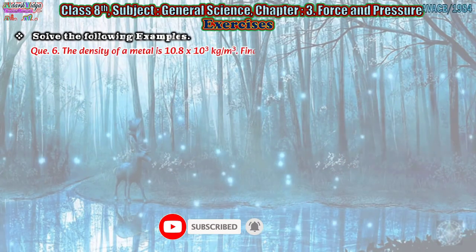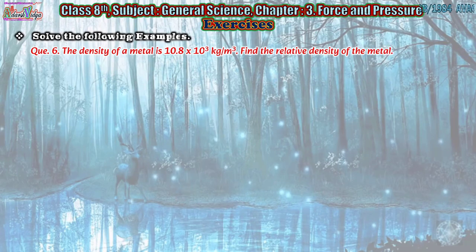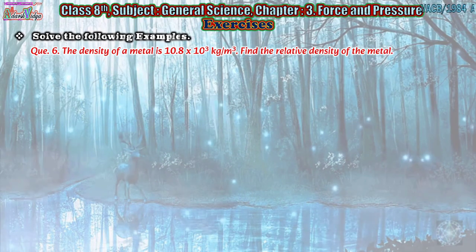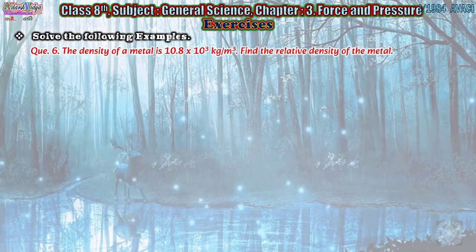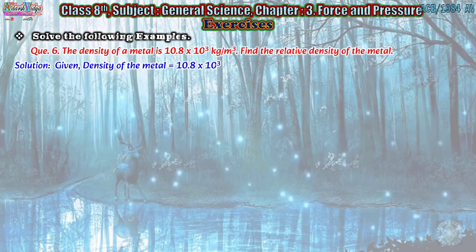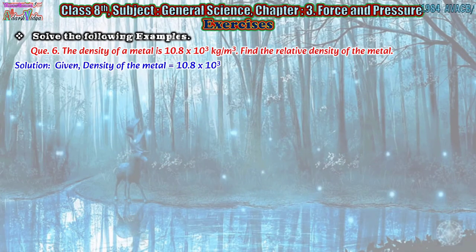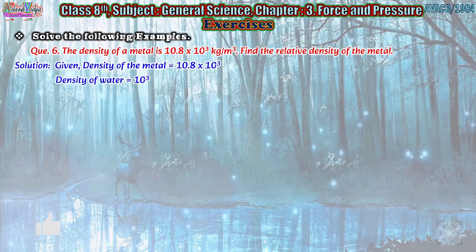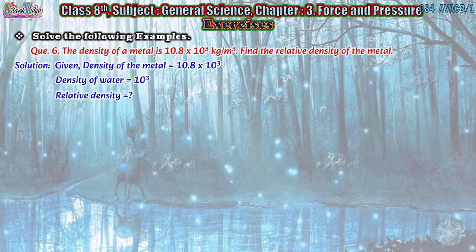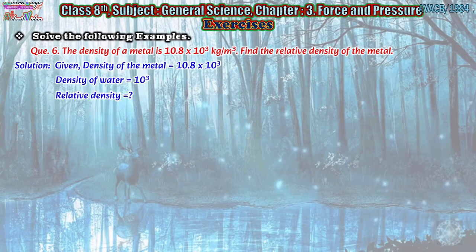The density of a metal is 10.8 into 10 cube kg per meter cube. Find the relative density of the metal. Solution, given density of the metal equals 10.8 into 10 cube. Density of water equals 10 cube. Relative density equals, find it.